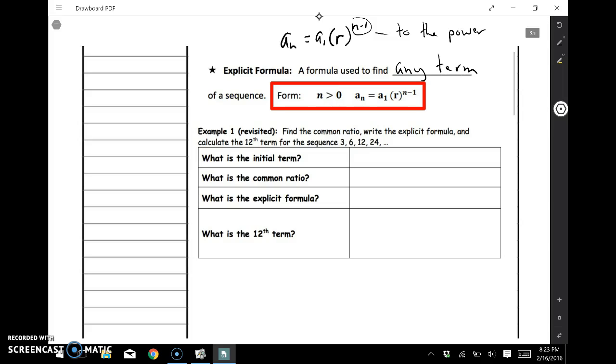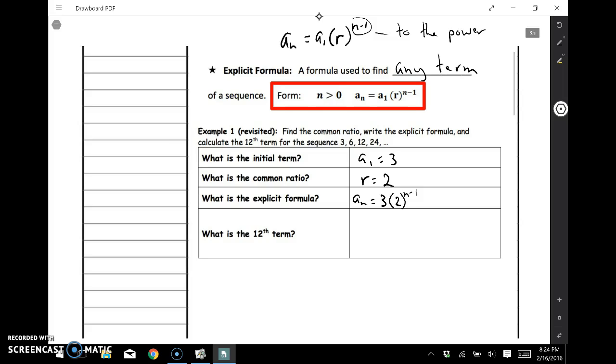So here's an example, the same exact example as the last one. What is the initial term here? It's a sub 1 is equal to 3. The common ratio is going to be multiplying by 2. The explicit form is going to be a sub n is equal to the initial term multiplied by the common ratio, which is 2, to the power of n minus 1.